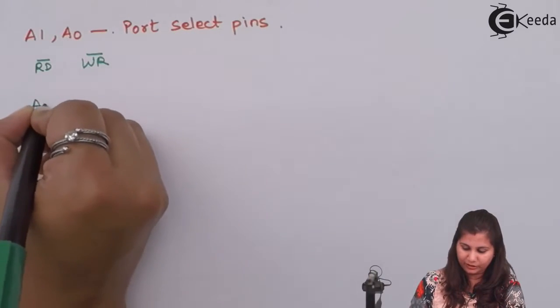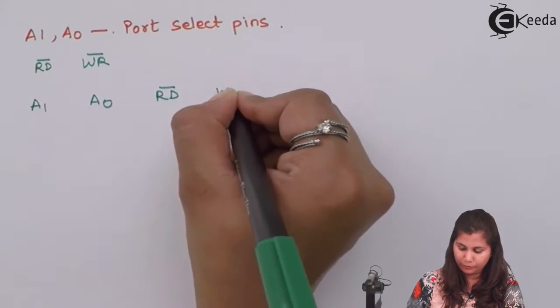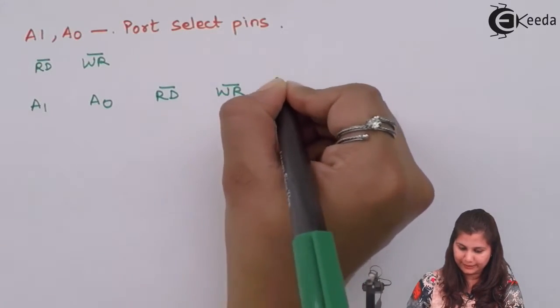We have A1, A0, RD bar, WR bar and the chip select signal.